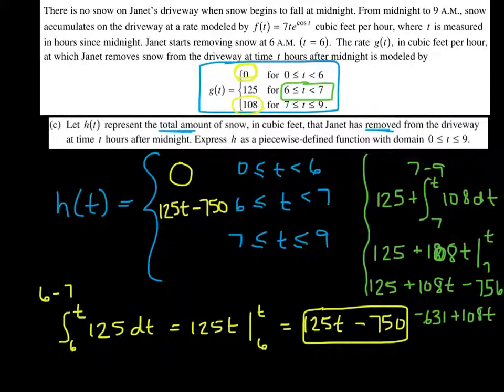And that's what's going to go in my last one here: 108t minus 631. All right, and so that gives me all of the different total amounts that have been removed from her driveway over the hours t equals 0 to t equals 9.